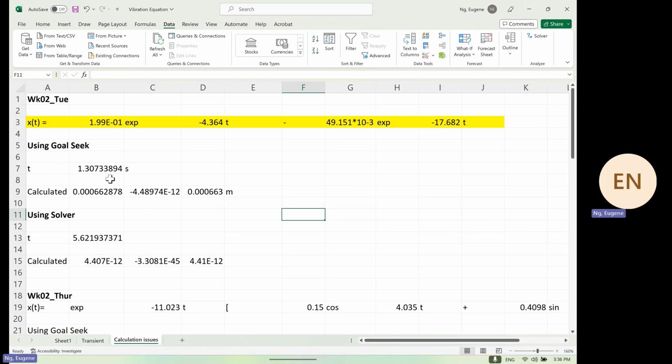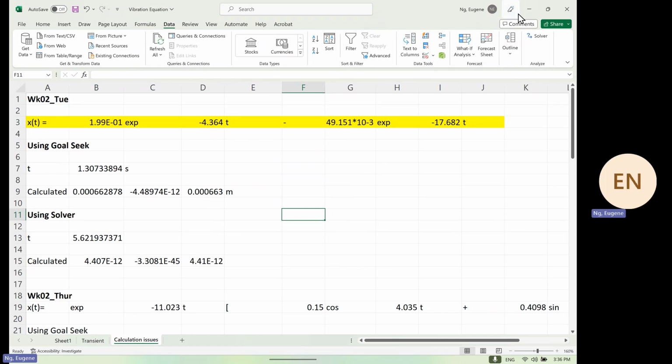Now what I want you to do is have the confidence. I don't want you to say the calculator and Excel do not give the same answer, and then throw doubt.